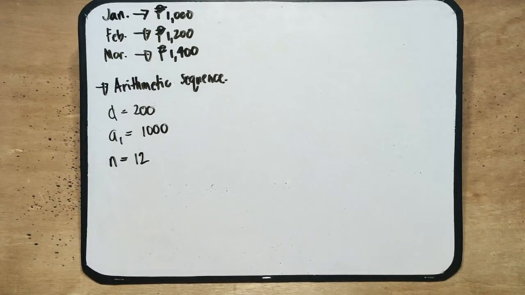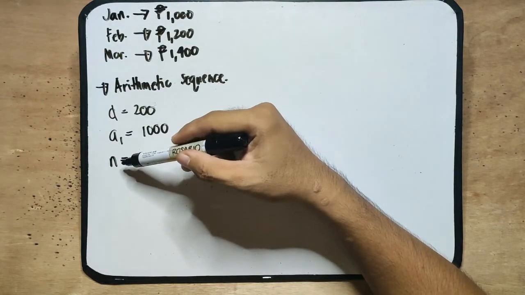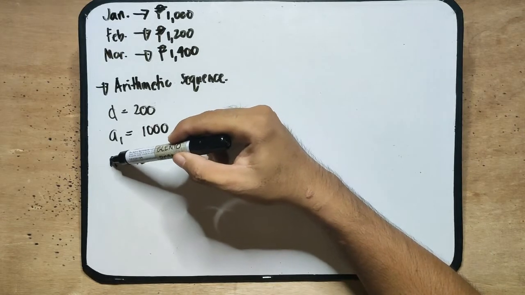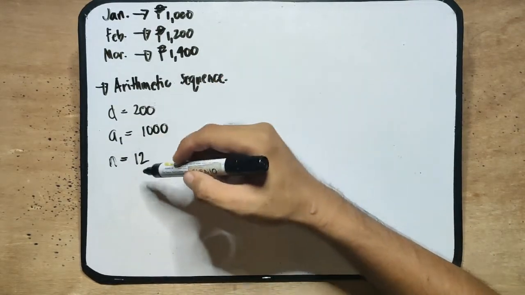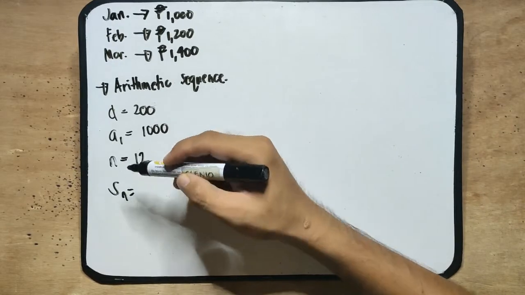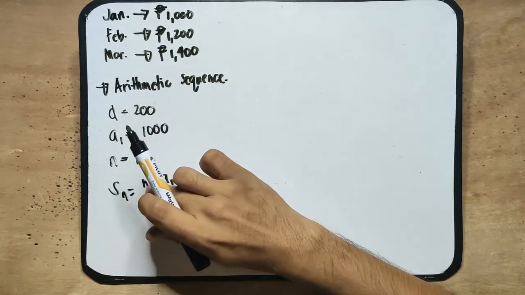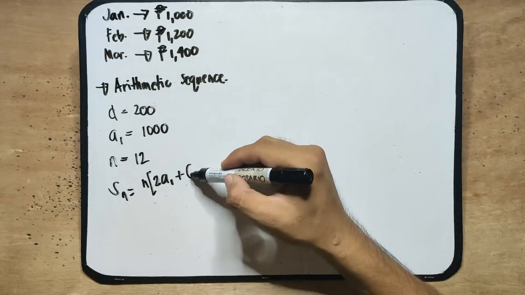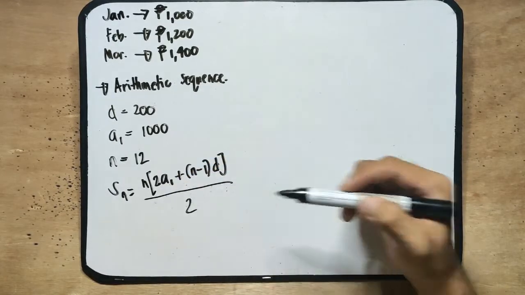So, we already have the value for the common difference, the first term, and the value of the n. We can substitute everything sa formula na s sub n is equal to n times 2a sub 1 plus n minus 1 times d all over 2.